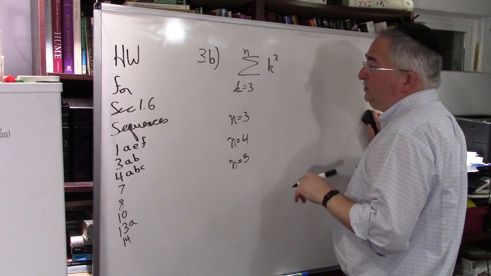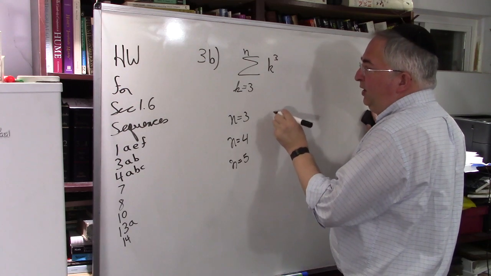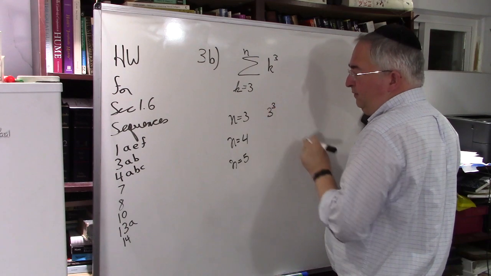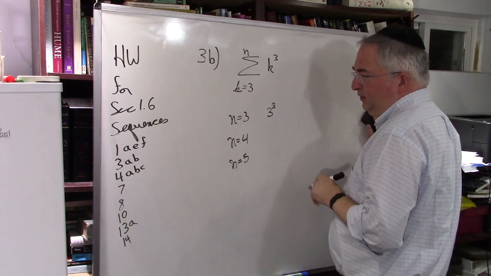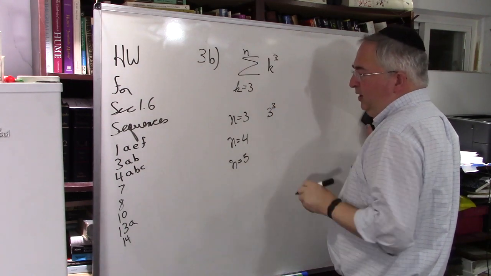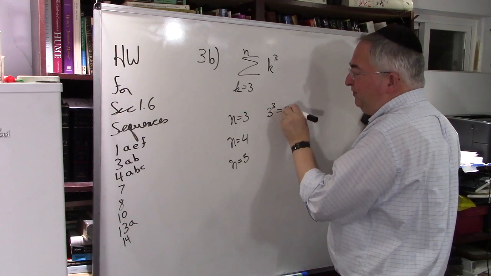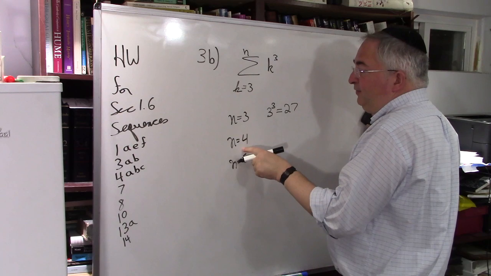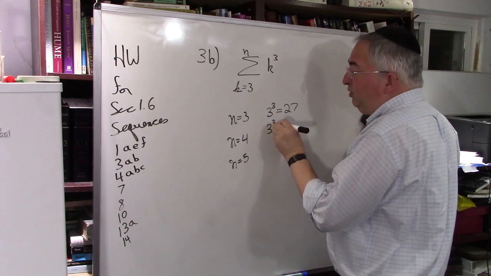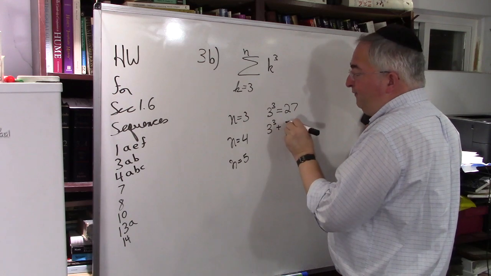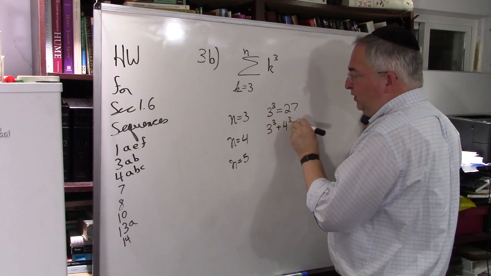So this is equal to 3 to the third. That's just that because we stop at 3. So 3 to the third is 3 times 3 is 9 times 3 is 27. So that's 27. For n is 4, it's 3 to the third plus 4 to the third.